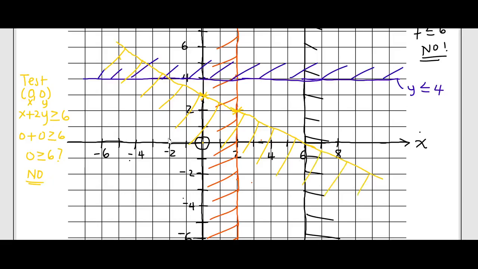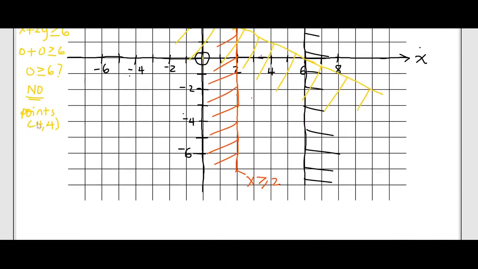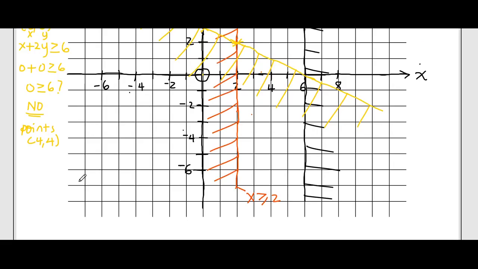Okay, someone would say, what if we pick a point from the other side? It is fine. The point should be on this side entirely, but not on the line. For example, I can pick the point 4 and 4. So the point falls here. If I pick point 4 and 4 for test, it means our x is 4 and our y is 4.